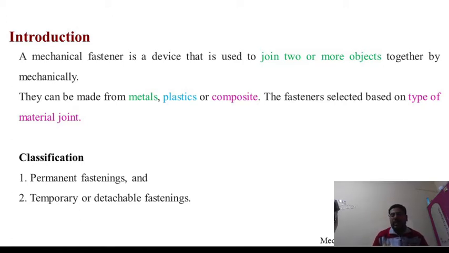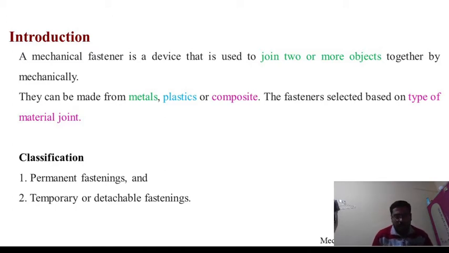Detachable means attaching and detaching: when required we attach, and when not required we detach the fasteners. This is the temporary and detachable fastener. The main example is bolts, which are temporary fasteners.